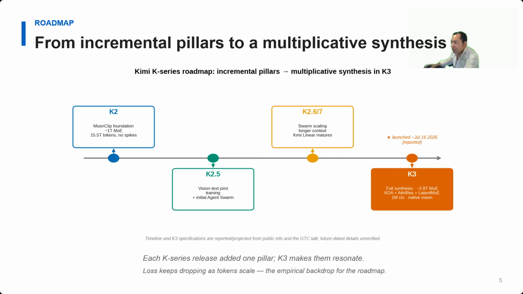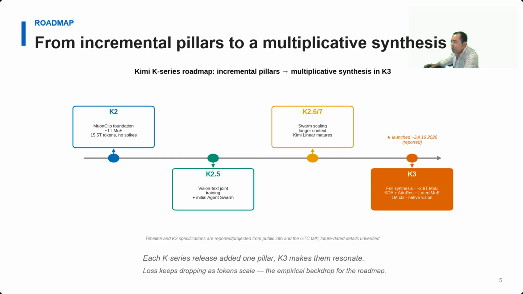Now comes Kimi K3, reported to have launched around the last week, I think, as a synthesis, with roughly 2.8 trillion parameters of MoE structure that brings together Kimi Delta Attention, attention residual algorithm, and also a stable latent MoE core architecture and 1 million token context window, as well as native vision training.